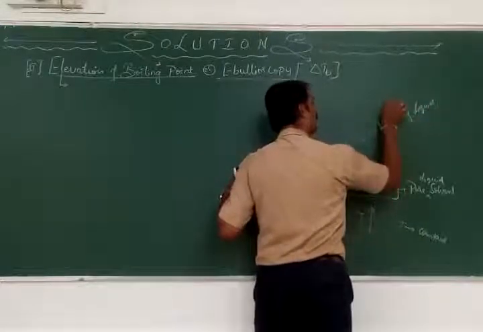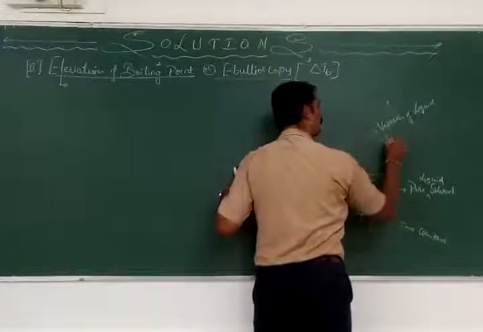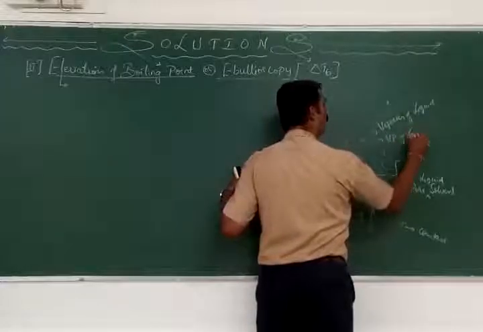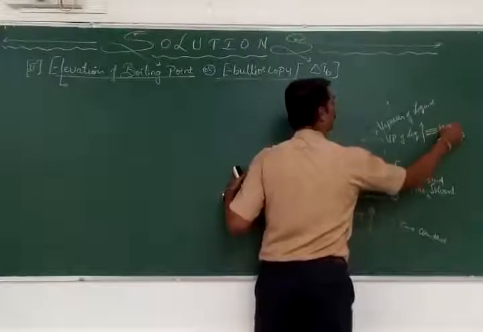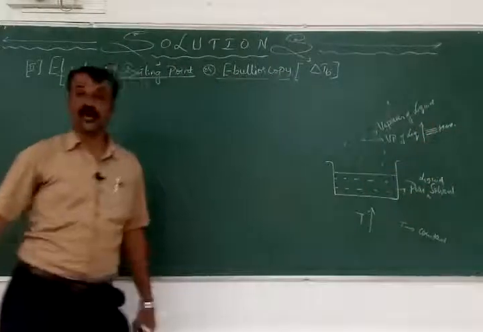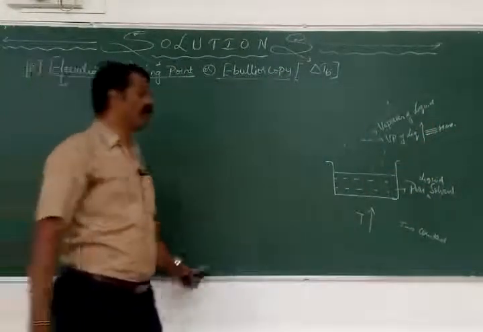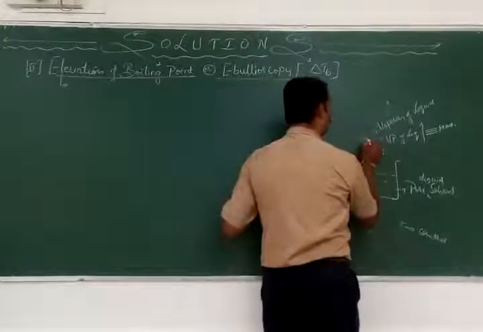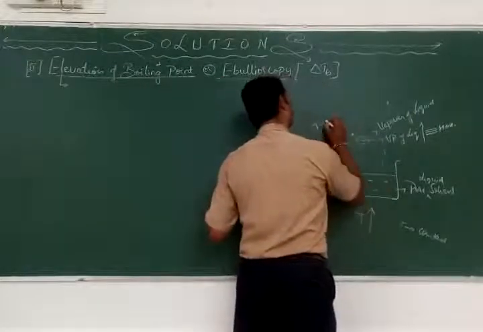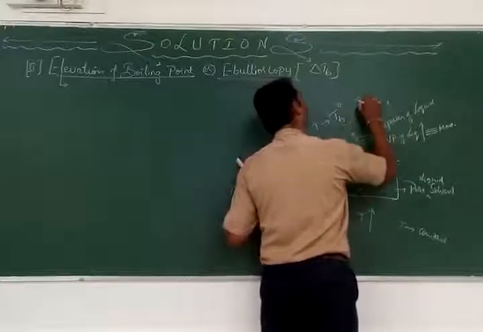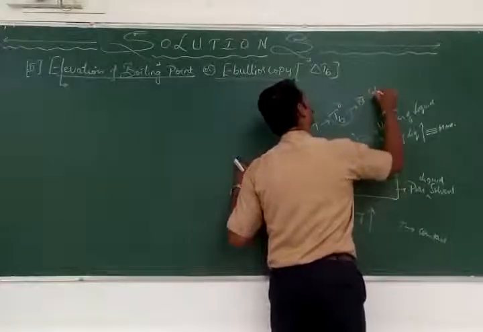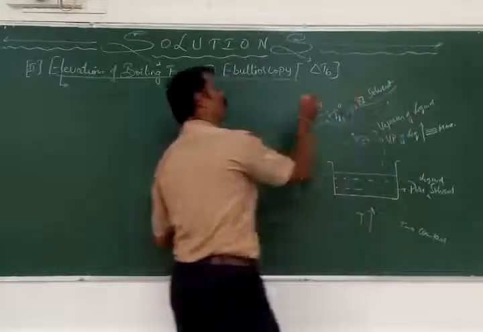It gets increased, such that the vapor pressure of the liquid goes on increasing and reaches a maximum. And this particular temperature is called as Tb naught. What is Tb naught here? It is the boiling point of the given solvent.